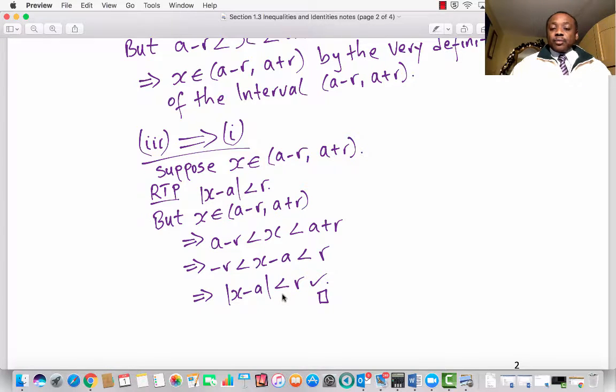And that proves 3 implies 1, and hence the proposition.